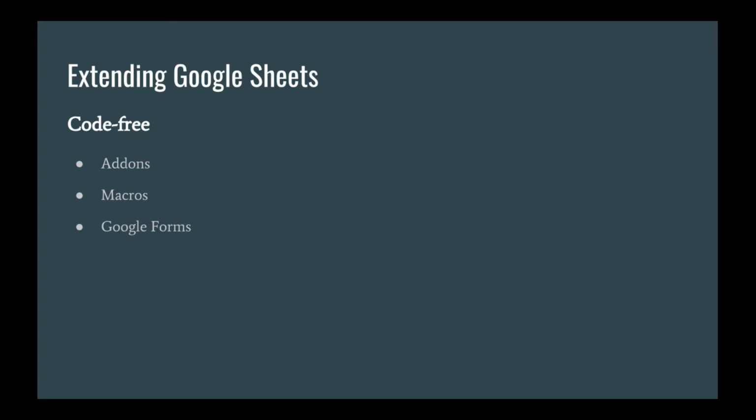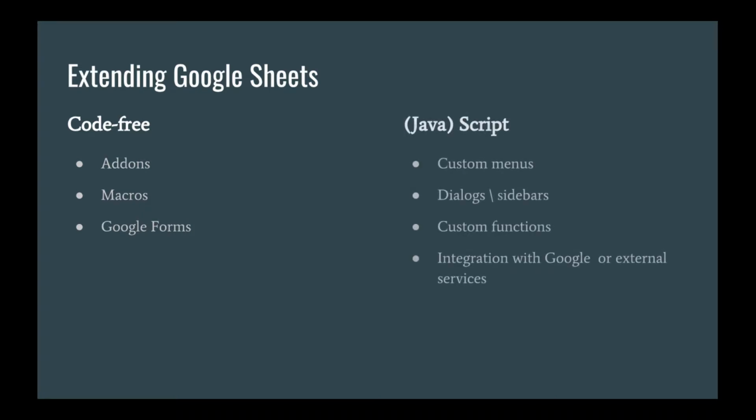But what we're really going to be talking about is the JavaScript part, the scripting part, that allows us to create custom menus, dialogues, sidebars, custom functions, and integration with Google or external services, third-party APIs. And yeah, I did some development in a previous life, so I have a bit of knowledge of JavaScript.